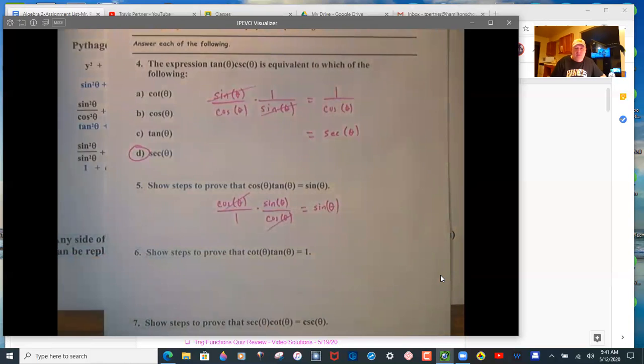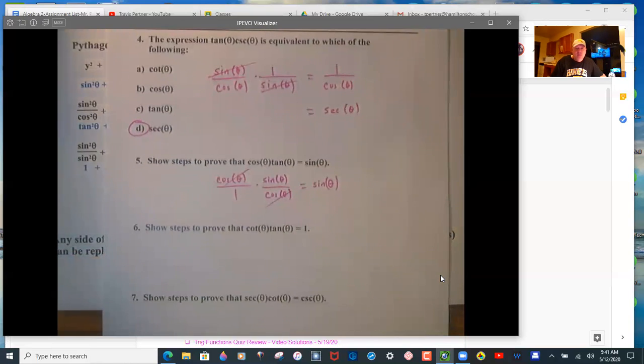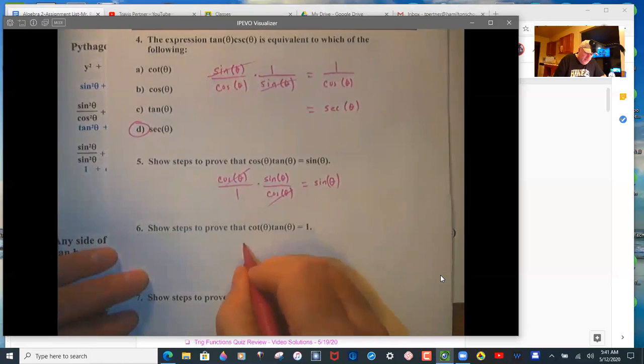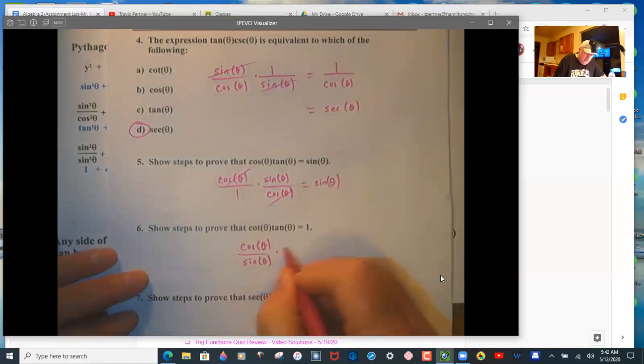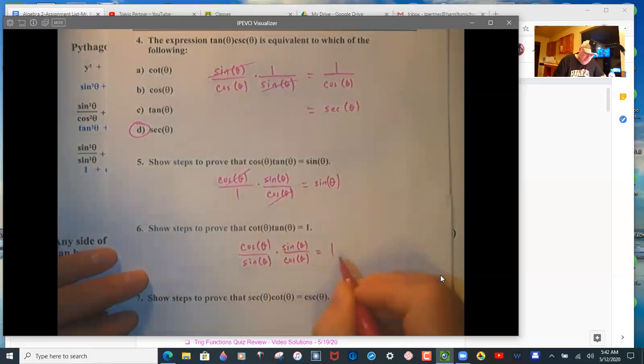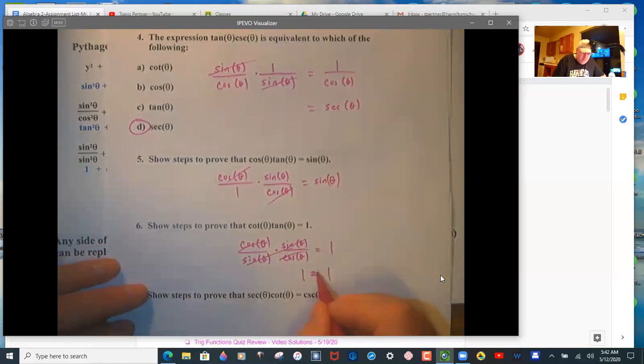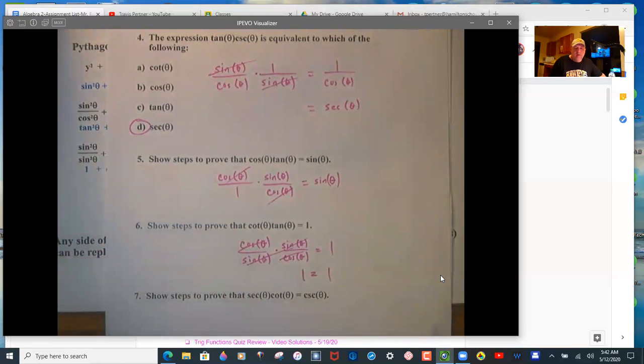So you cancel the cosines and you have sine. Pretty straightforward. Cotangent is cosine over sine. And tangent is sine over cosine. Pretty easy to figure out that when you multiply together two things that are reciprocals of each other, you're going to get 1.